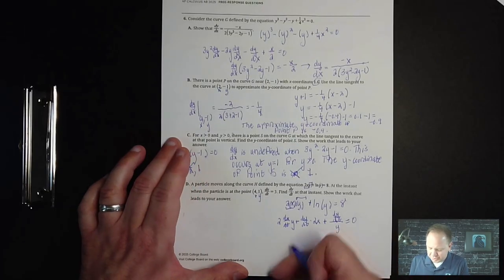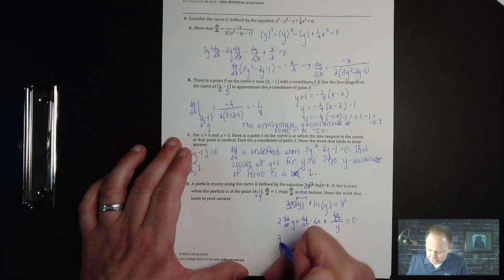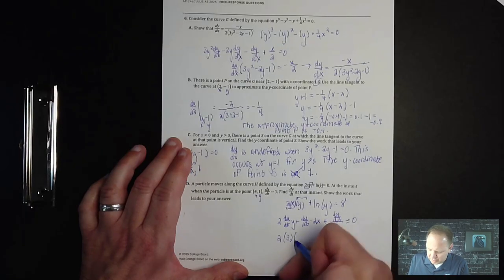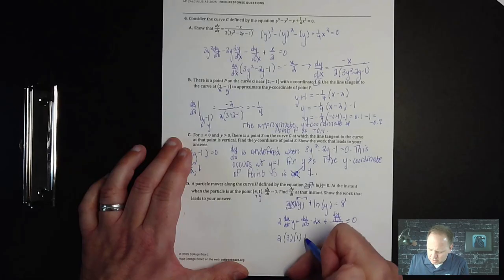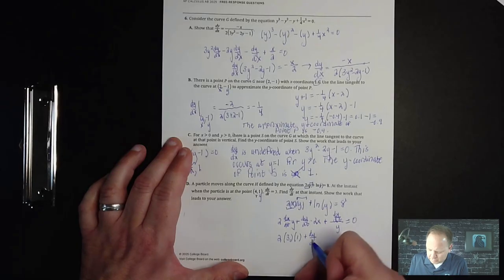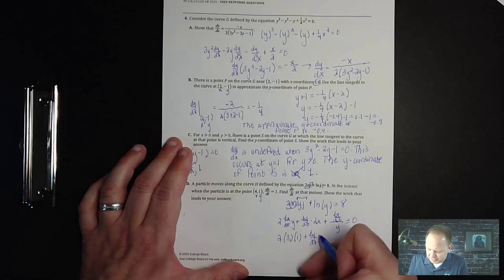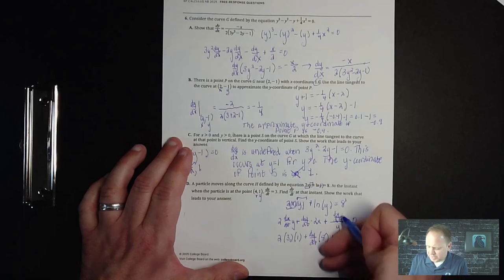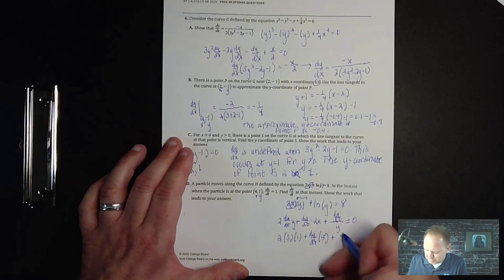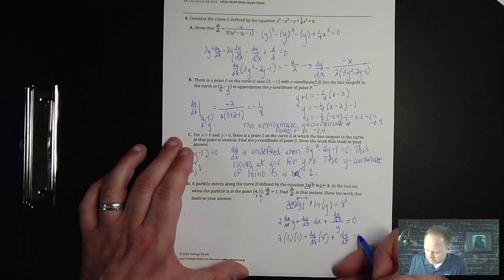Now let's plug in the values we know. So this would be 2, dx dt is 3, my y value is 1. Again, I'm trying to find my dy dt. My x value is 4, so that would be 8. Now this would just be dy dt over 1, so this would just be dy dt equals 0.